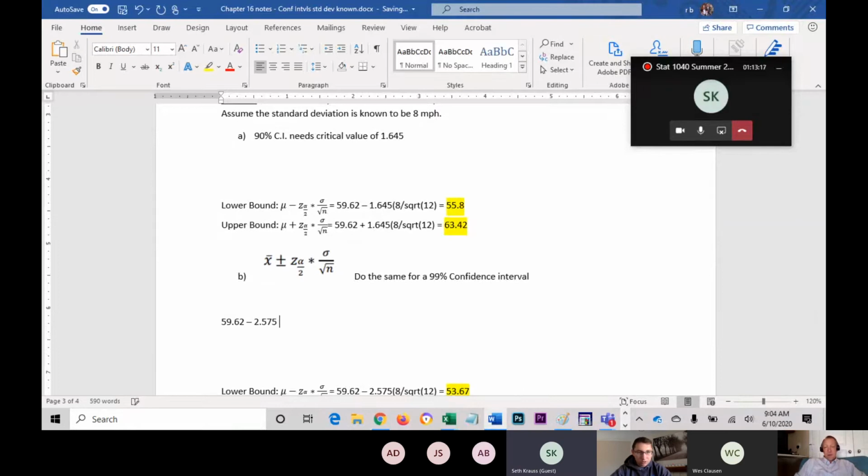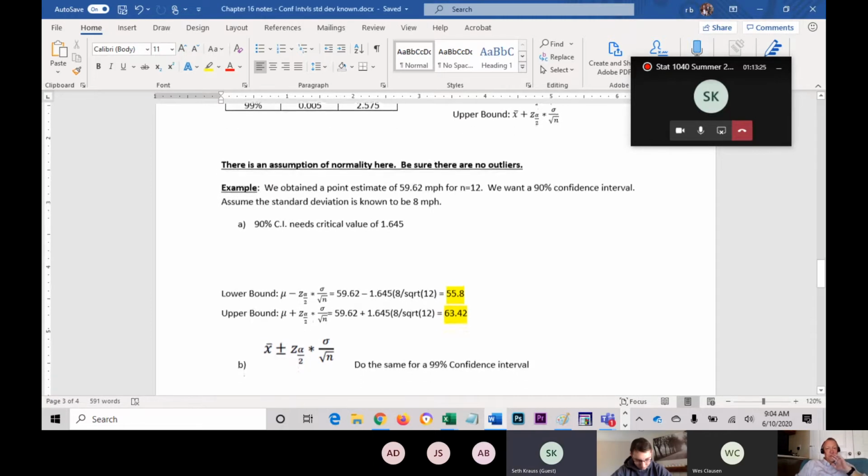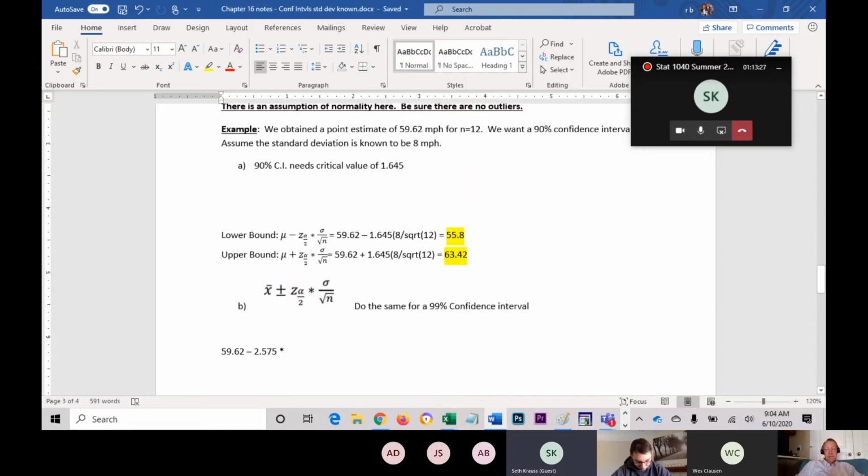And then you'd multiply that by what is that? By 12. Nope. What's sigma? It's still 8. Yes, then sigma, 8, divided by the square root of 12. Okay.